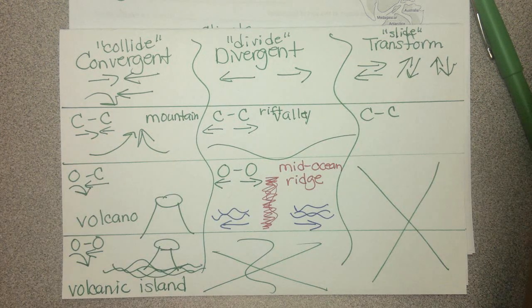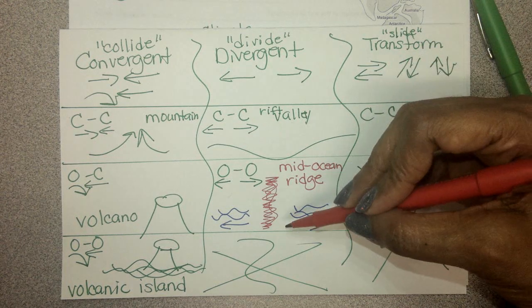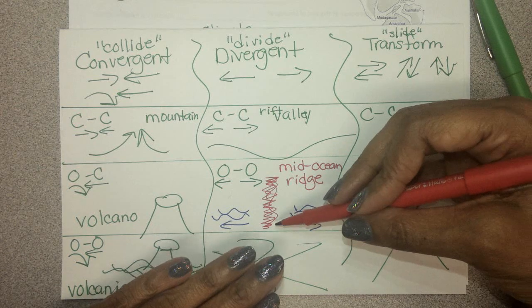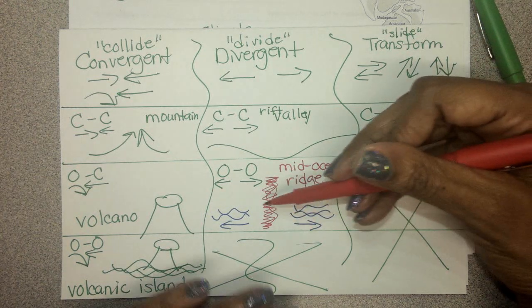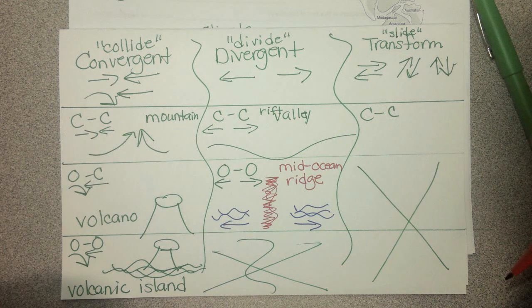I know a lot of people were saying, oh, two ocean plates divide, you get a valley. No, no, no. Because when they divide, that's where the magma comes up through the crack when those plates pull apart.